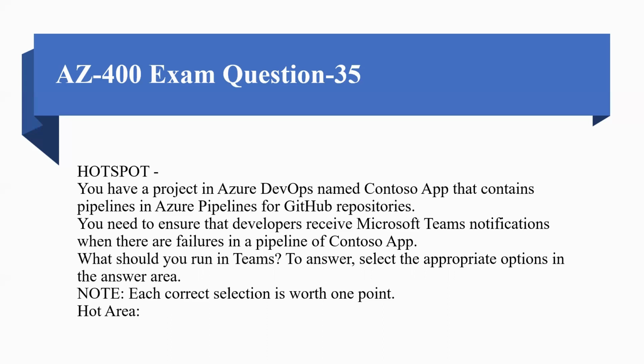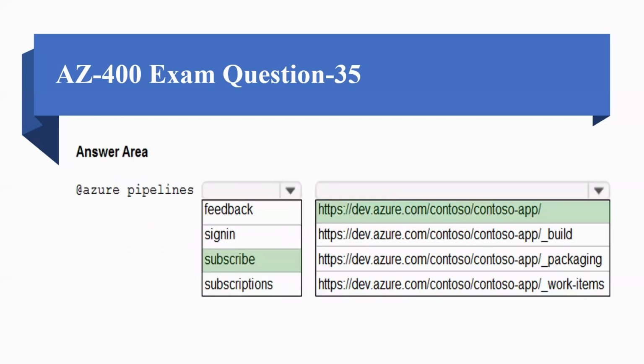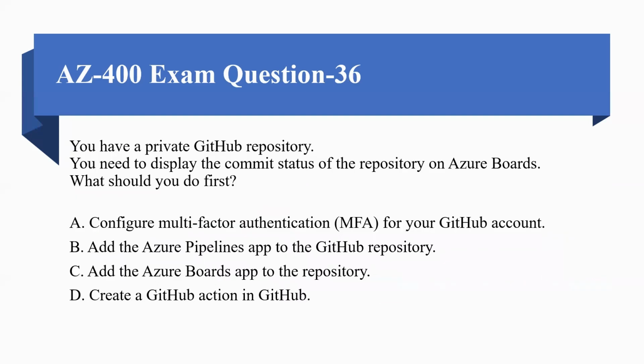What should you run in Teams? The answer area would provide: @Azure Pipelines, feedback, sign in, subscribe, subscription, https://dev.azure.com/contoso/contoso-app/. So the correct options would be @Azure Pipelines, subscribe, and https://dev.azure.com/contoso/contoso-app/.